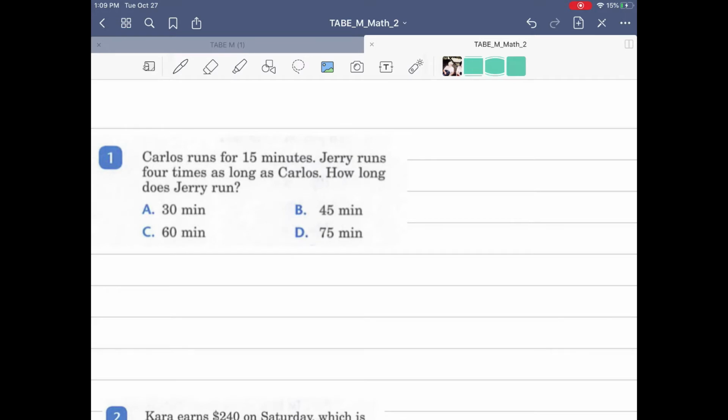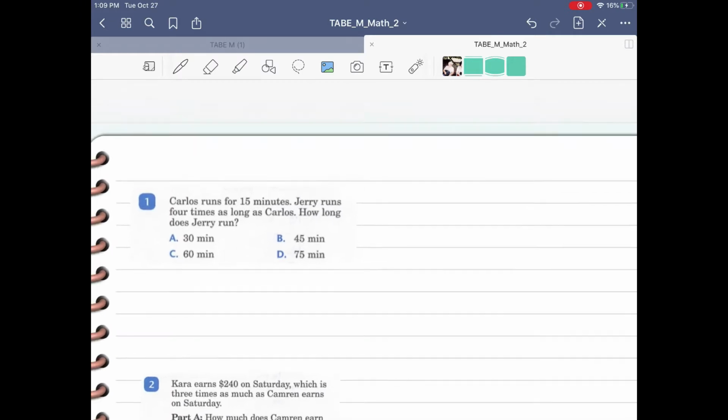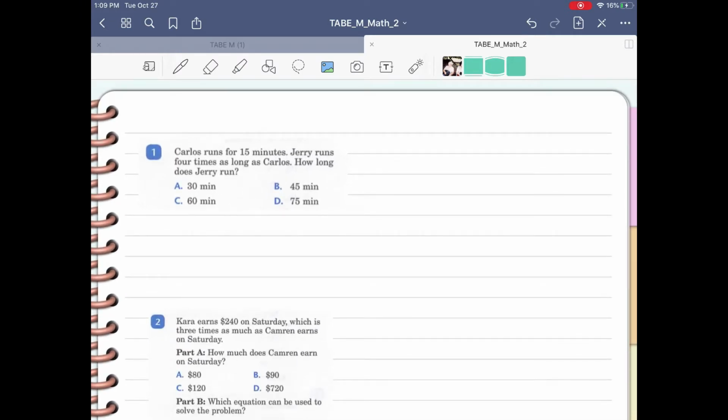It says Carlos runs for 15 minutes. Jerry runs 4 times as long as Carlos. How long does Jerry run? So they're telling me exactly how to solve this. If I just recognize it, it says that Jerry is 4 times Carlos.